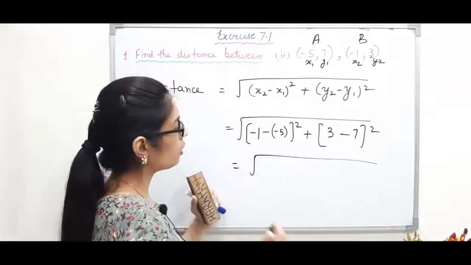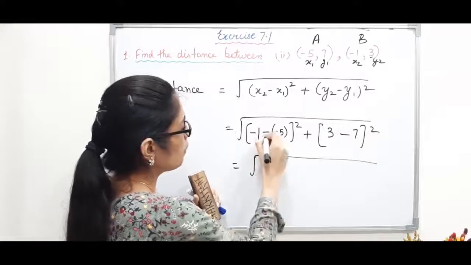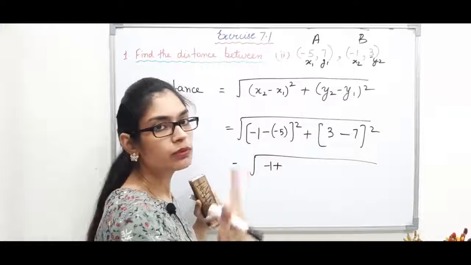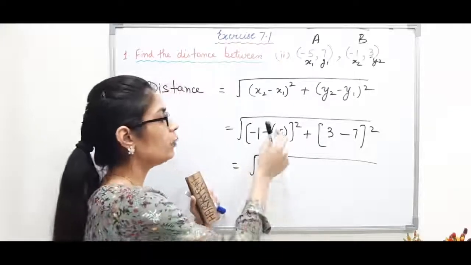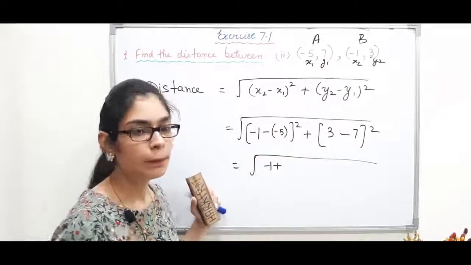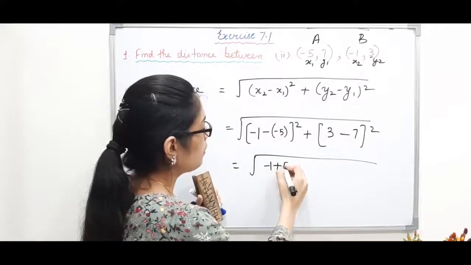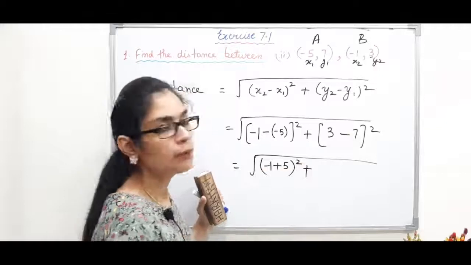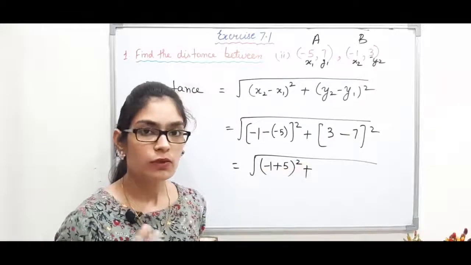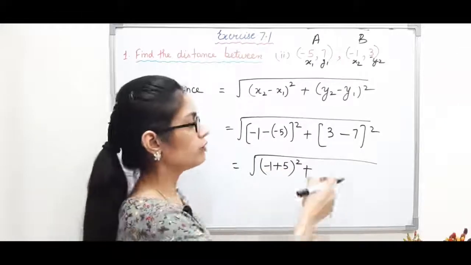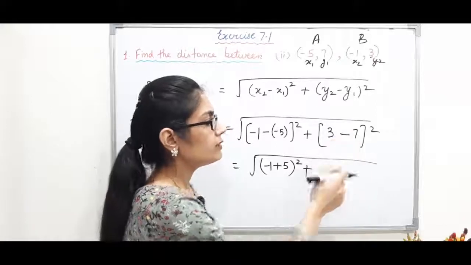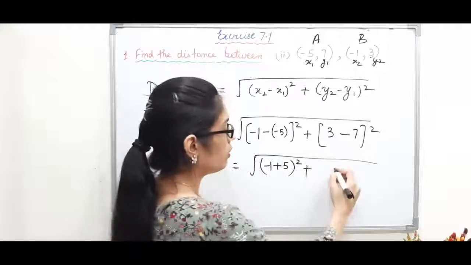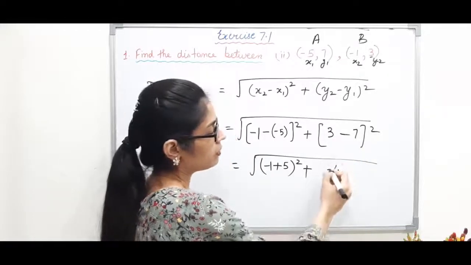Now we will solve this. Minus 1, minus and minus will be changed into plus sign, because whenever 2 signs are together we have to make that one sign. So minus and minus is plus. So minus 1 plus 5 whole square plus 3 minus 7. Minus plus is always minus with the sign which is with the bigger number. So 3 minus 7 means we do subtraction, 7 minus 3 is 4, but the sign is that of the bigger number.